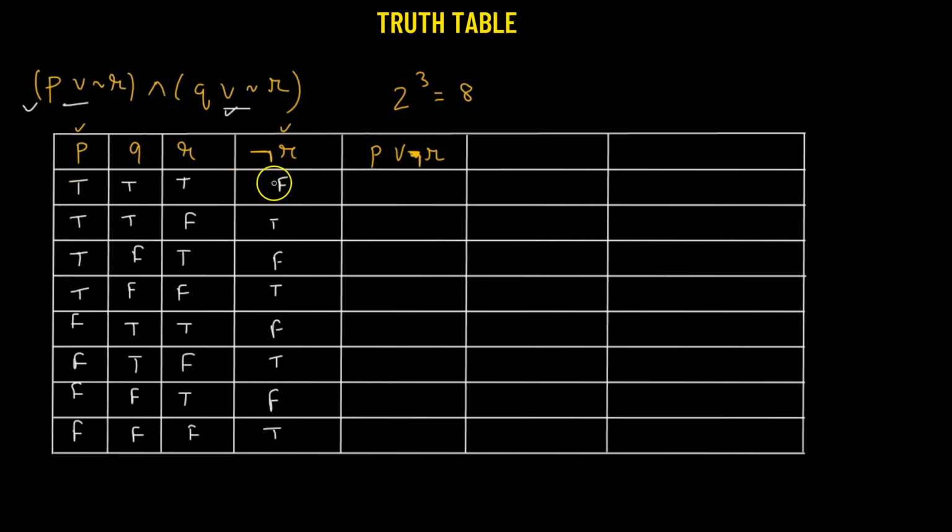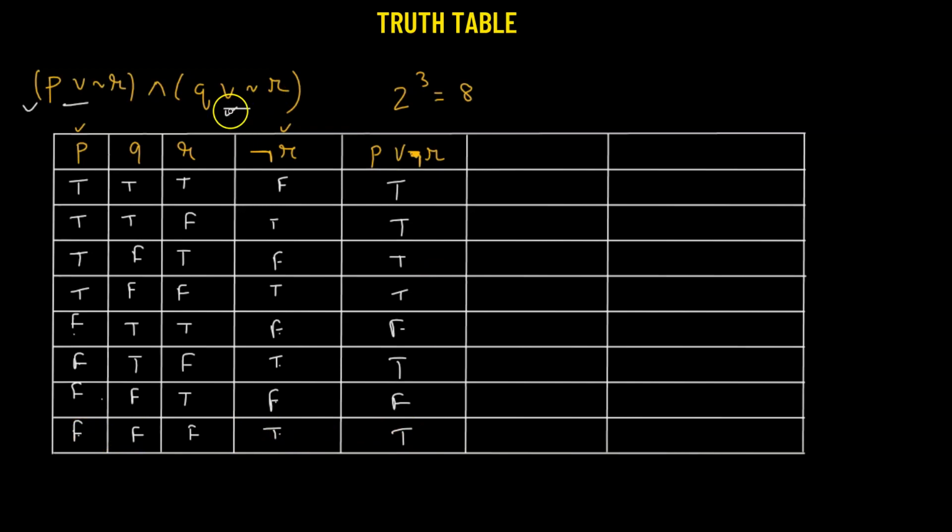So here we have true, false, so this is going to be true. If one of them is true, then it's going to be true, because the truth value of P is true for the first 4 entries. Then we have false, false, so this is going to be false. Then false, true, so it's going to be true. False, false, so this is false. And we have false, true, so this is going to be true.